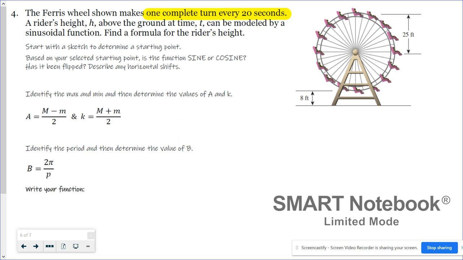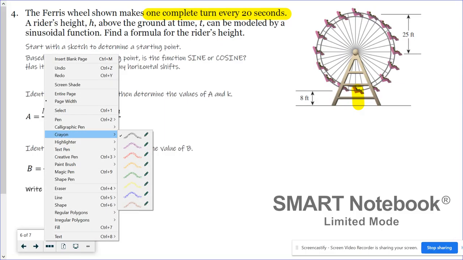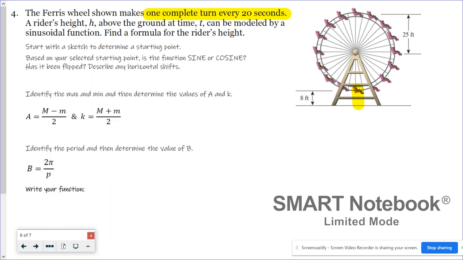There are some other pieces here that we need to look at. We need to see that when you get on right here, you are already 8 feet off the ground. If that's your starting point, that's also your min, right? So we have a minimum value of 8.